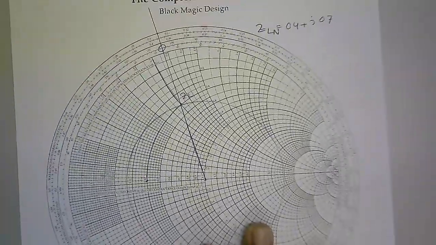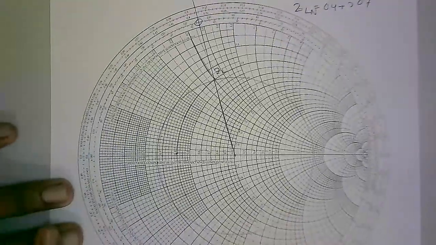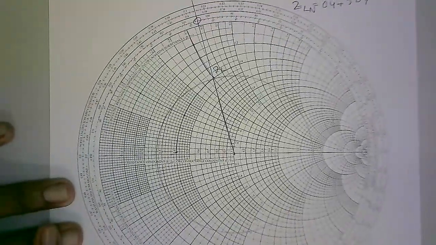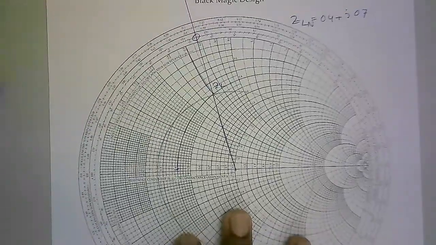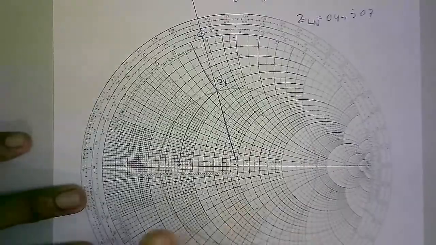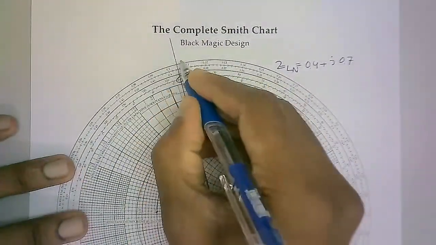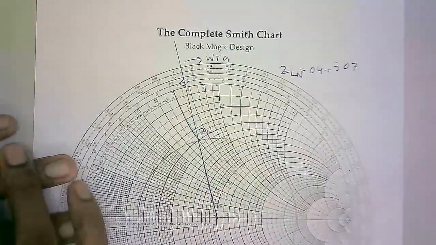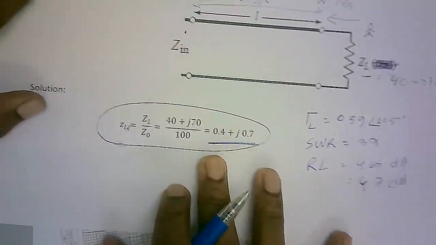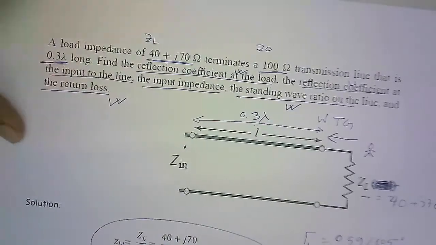So we're going towards the generator, WTG, from here. How much will you go? You go 0.3 lambda.